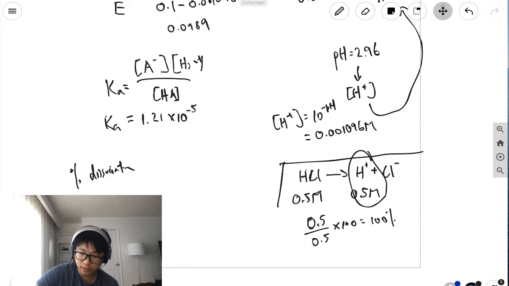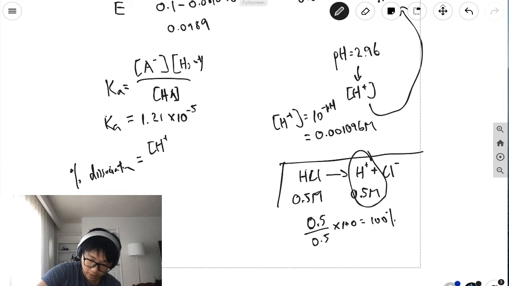So percent dissociation is really your H plus final, from the ice table, divided by your original amount of acid HA or HB or whatever, and that's from the I.